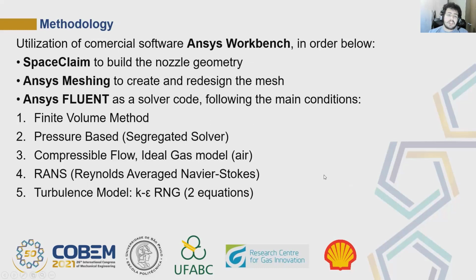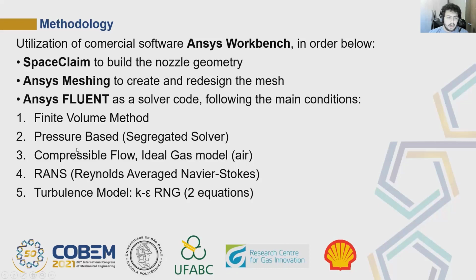So the methodology is using the ANSYS Workbench in the order below. SpaceClaim to build a CAD of our geometry, ANSYS Meshing to create and redesign the mesh, and the code ANSYS Fluent for the simulation conditions. So we used the Finite Volume Method, okay.